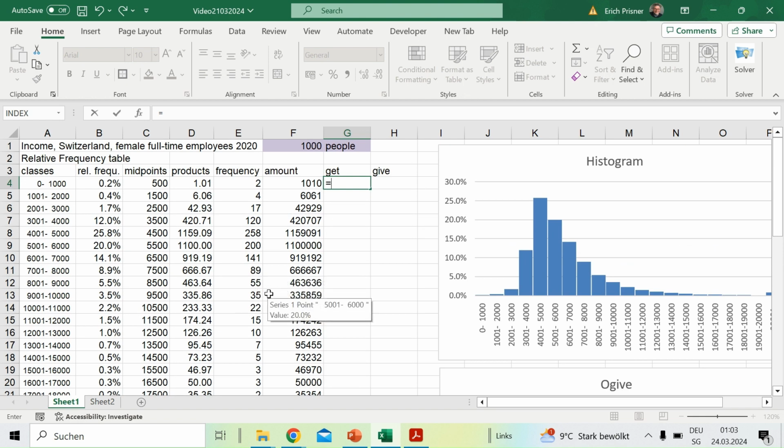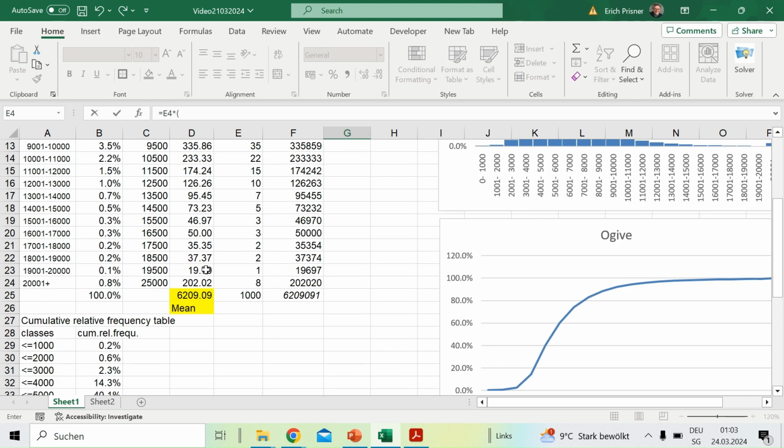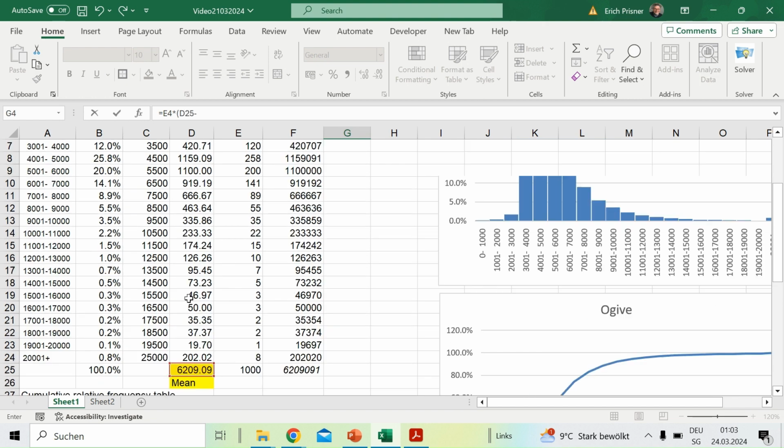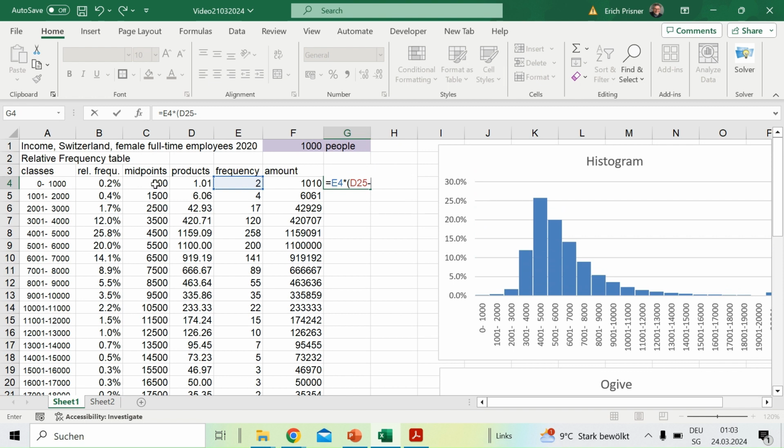So the formula is the amount of money people in this group get is equal to the number of people in the group times, and then I'm opening a parenthesis because I look at the difference. And the difference is what? Well, the difference between the mean, so what they want or what they should have, minus what they have. And this is a formula.